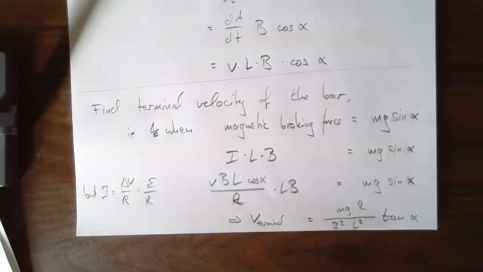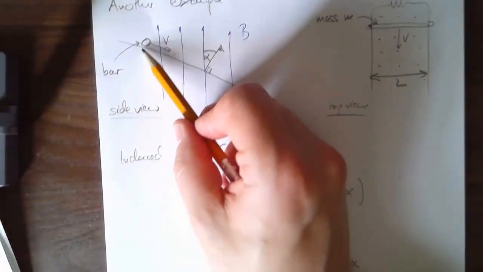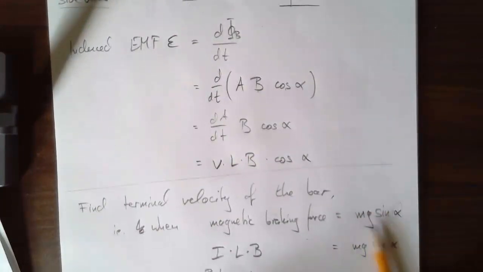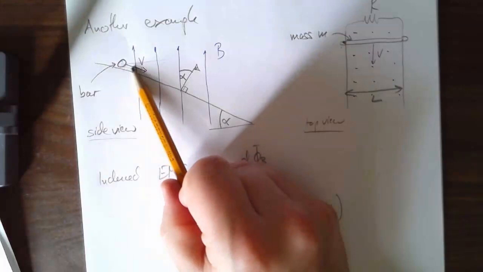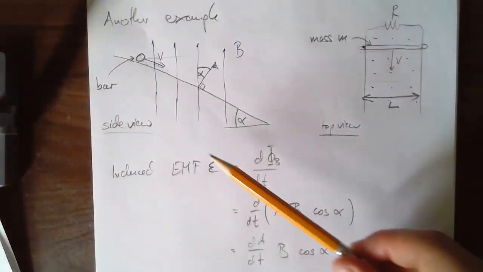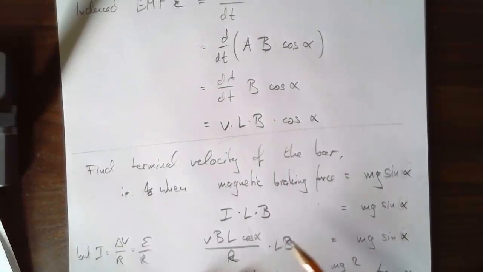Now, say you're starting out, you're letting the thing go, and it doesn't have any velocity yet. Well, in this case, it's going to just speed up. There's no magnetic braking force, no induced EMF. As it speeds up, its speed increases. So you're going to get an EMF that keeps getting bigger because this thing gets bigger as the bar rolls down the hill.